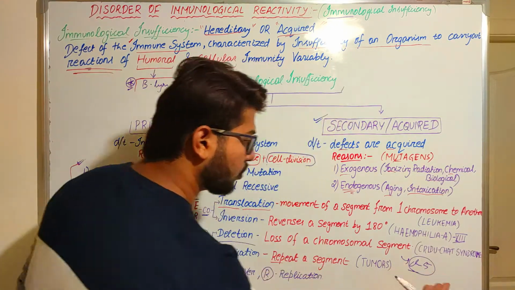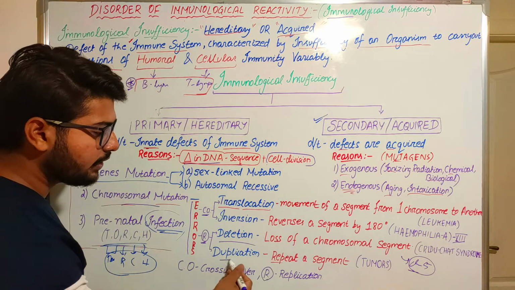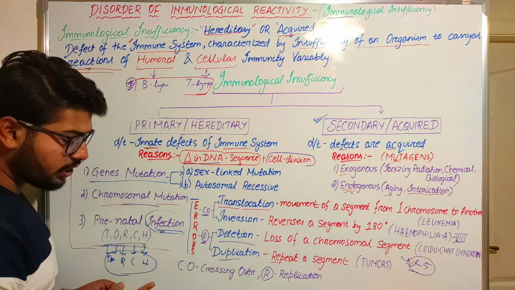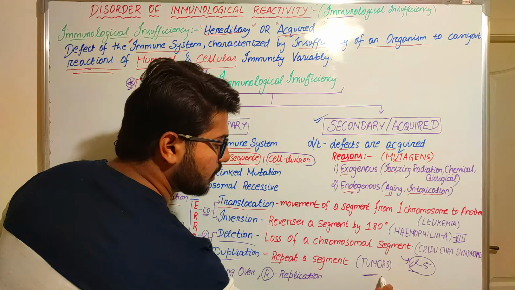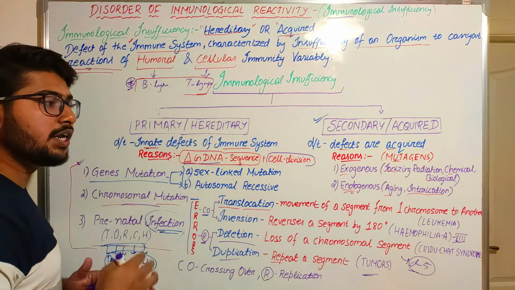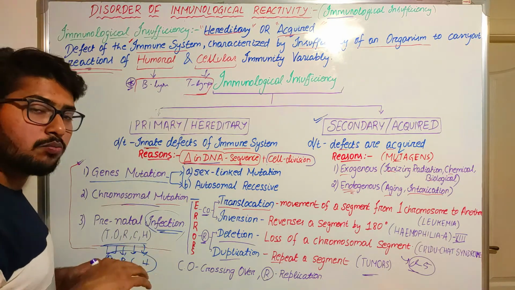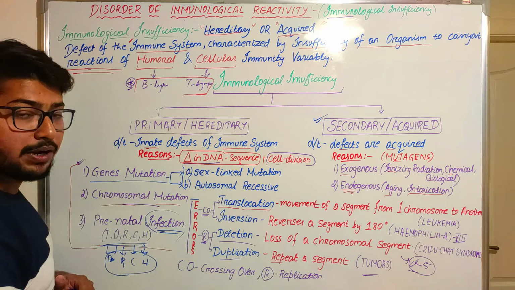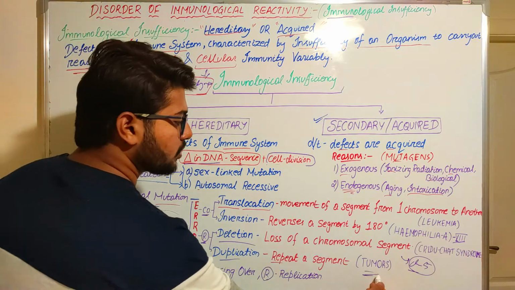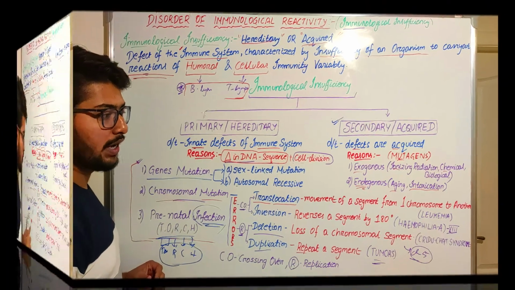And finally the duplication. Duplications mostly occur in tumors, the cells that are continuously dividing and producing more replicated cells. During the process of tumors, the duplications will take place.